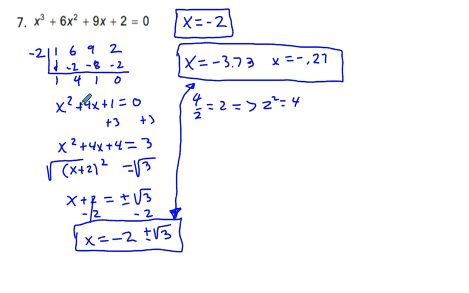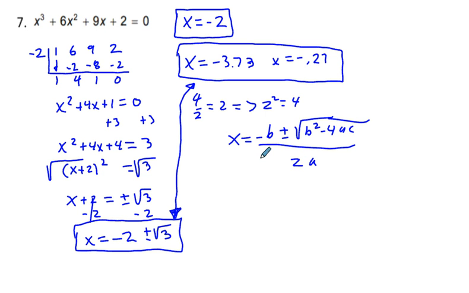Again, you can use the quadratic formula, which is x equals negative b plus or minus square root of b squared minus 4ac all over 2a. In this case, you have a is equal to 1, b is equal to 4, and c is equal to 1.